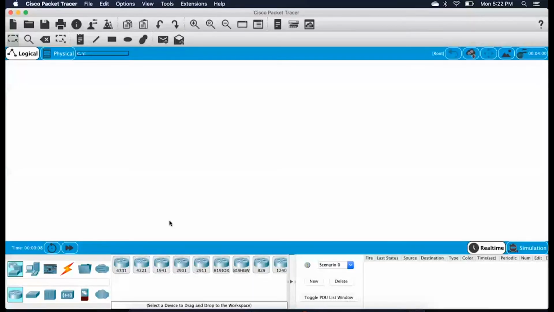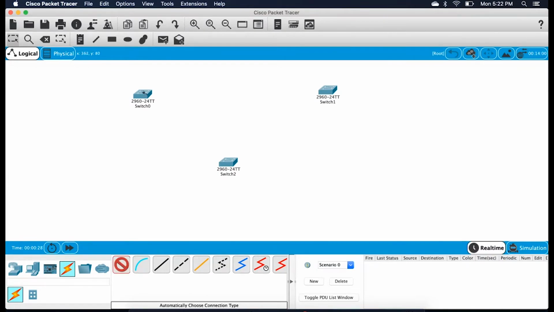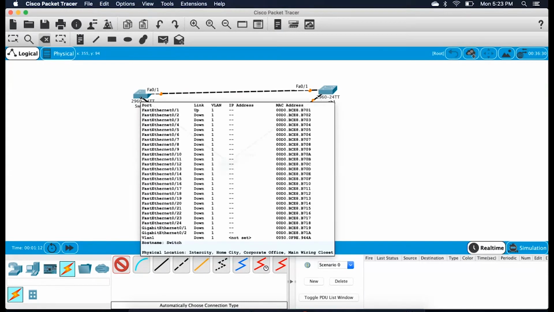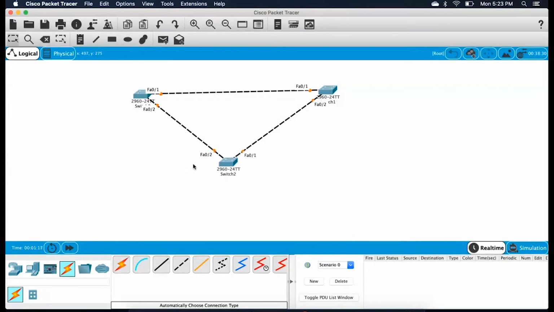I will place the three switch topology over here, take these three switches, and connect these switches together. This is what the topology looks like as of now.